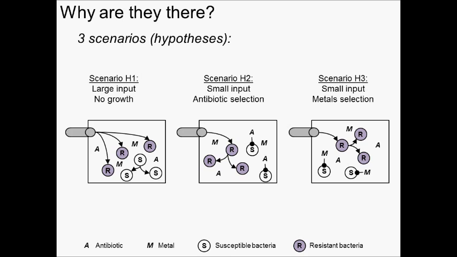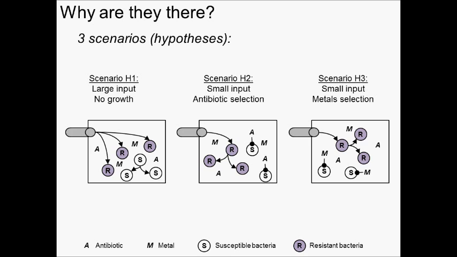Or the gene that is responsible for the antibiotic resistance is on the same plasmid as the gene that's responsible for the metal resistance. So if you select a bacteria that is metal resistant, it is more likely to also be antibiotic resistant.